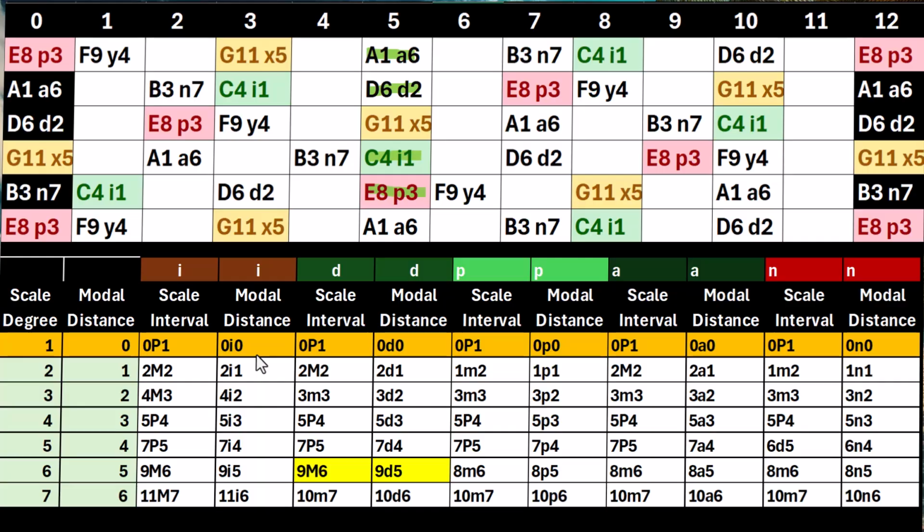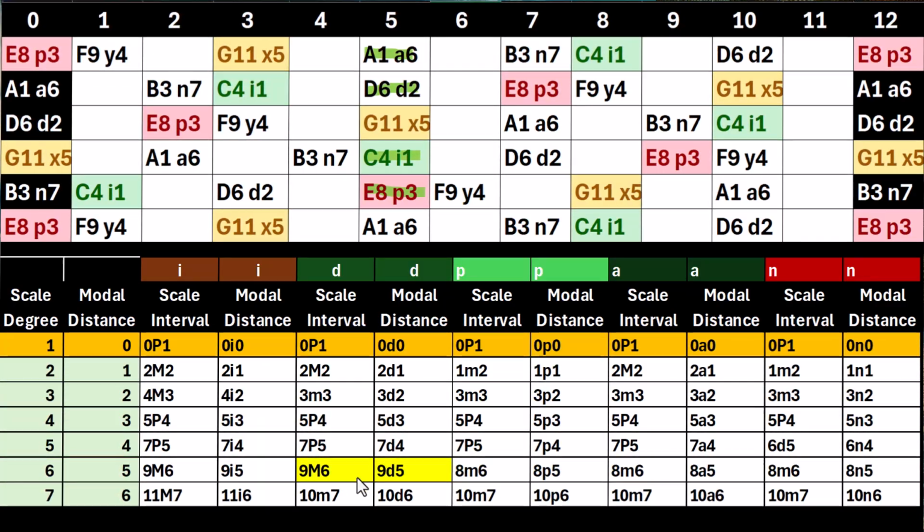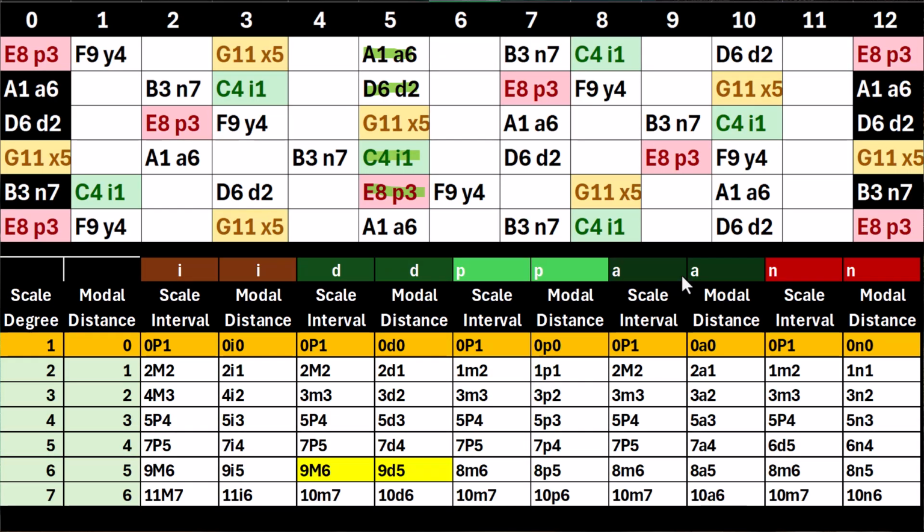The tables look intimidating, but once you're able to see the distances and what they mean for the Aeolian, then we can compare the Aeolian to the Dorian and the Phrygian, which will only have 1 interval difference, and then we can compare that to the Locrian.